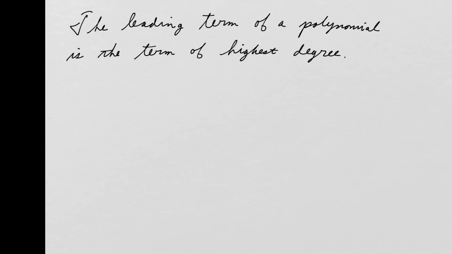Okay, so for example, let's say I have this polynomial, 7x squared minus 9x minus 1. What is the leading term? Well, the leading term is the one with the highest degree, so it's the one with the highest or largest exponent. So the leading term in this case is going to be 7x squared.